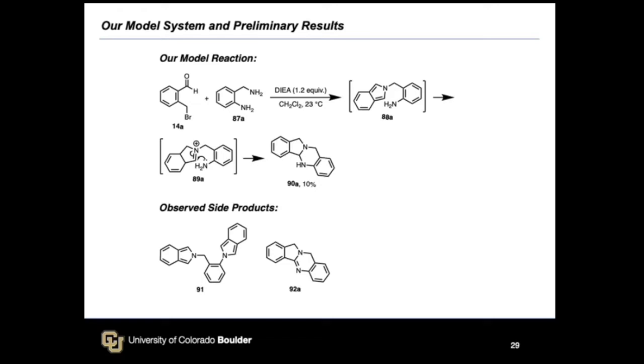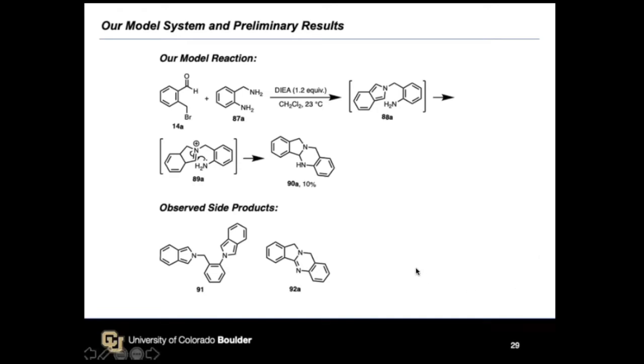However, when we tried our model reaction, we observed a low yield, and we suspect that is because the product is unstable because it forms reversibly. The reaction also suffered from side reactions, so that was another issue there.